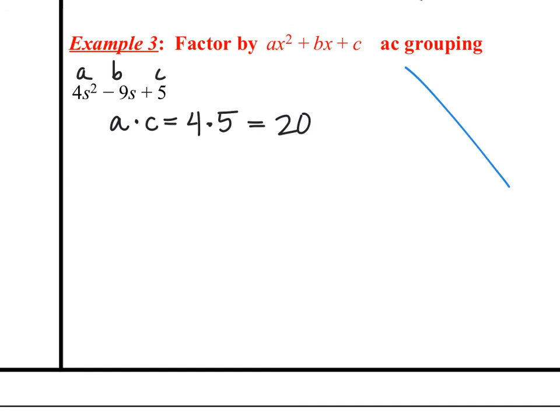I need two numbers that multiply to 20, and they have to add up to negative 9. You're multiplying to a positive and adding to a negative, so you're going to have two negatives. Can you figure out the two numbers for me and actually think about it? Has to be two negatives because they have to add up to a negative.